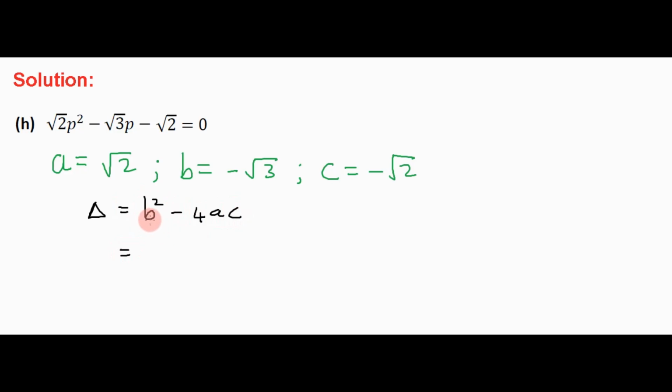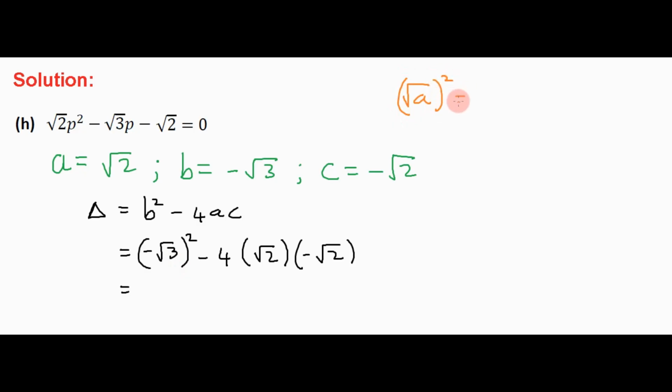So it's going to be b squared, which is negative square root 3 all squared, minus 4a, so 4 times square root 2, so 4ac, so negative square root 2 in here. Now, remember this rule of surds: the square root of a squared is just equal to a.